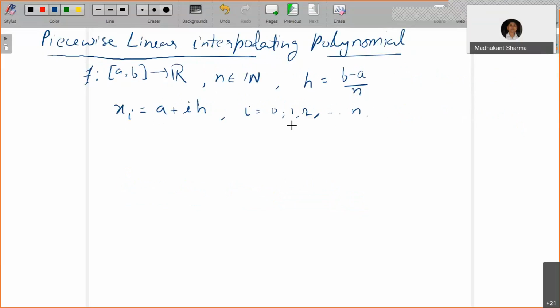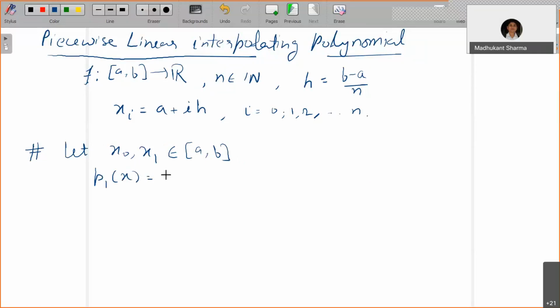Okay, and we first look at the linear interpolating polynomial in a certain block, and then we will try to cover the whole interval. So let's say x0 and x1. For a linear interpolating polynomial you require 2 points, so x0, x1 belong to the closed interval [a,b]. If you recall, what will be the interpolating polynomial of degree less than or equal to 1?